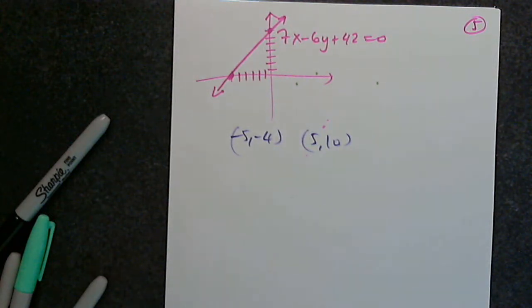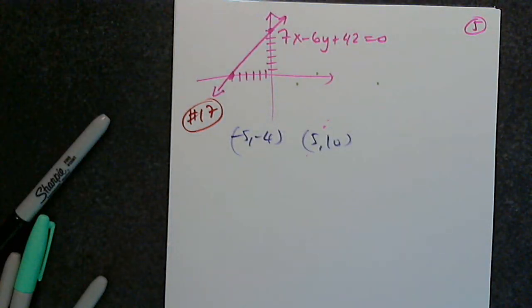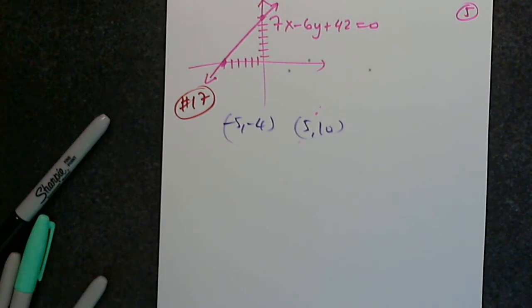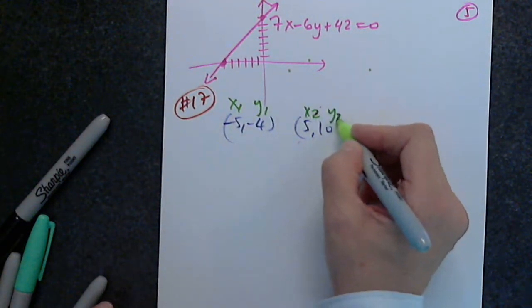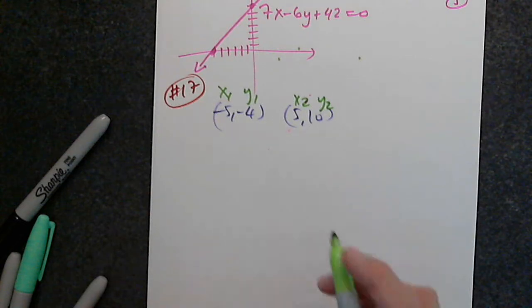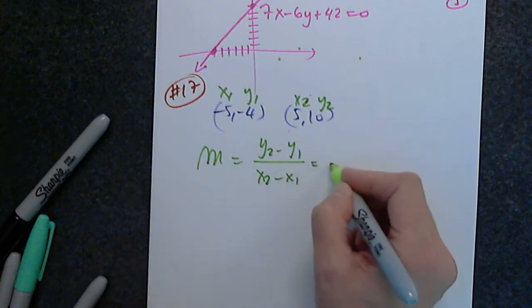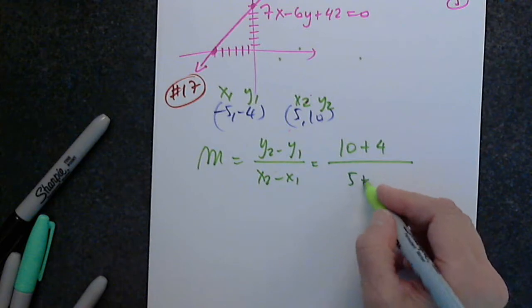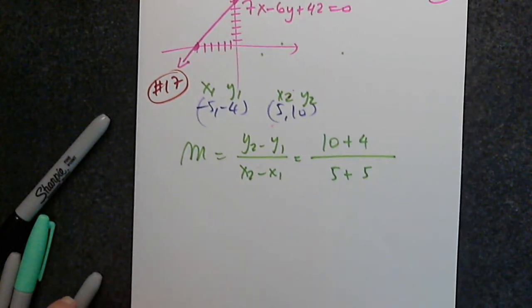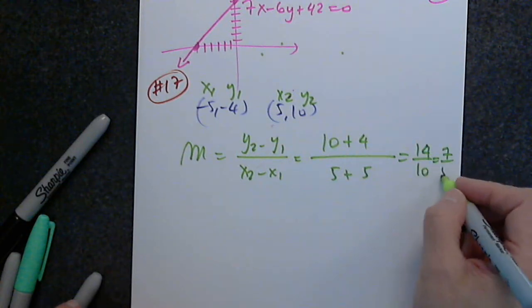So what do I need to determine first in order to find the equation of the line? Very good. Label them as x1, y1, and x2, y2 if you'd like. And then finding the slope, write y2 minus y1 over x2 minus x1. 10 minus negative 4 over 5 minus negative 5. So this is 14 divided by 10, or 7/5.